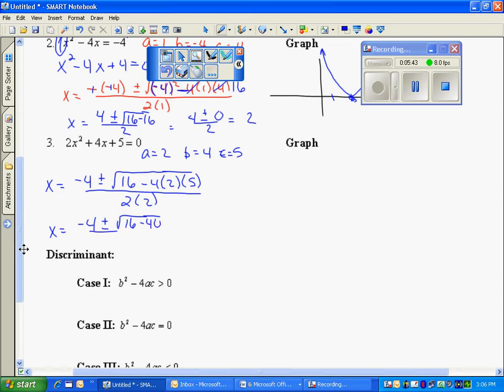And I get this negative 4 plus or minus the square root of a negative value. That negative value is 24. So what happens here is that I don't have a square root of a negative number. That does not exist in the real number system.